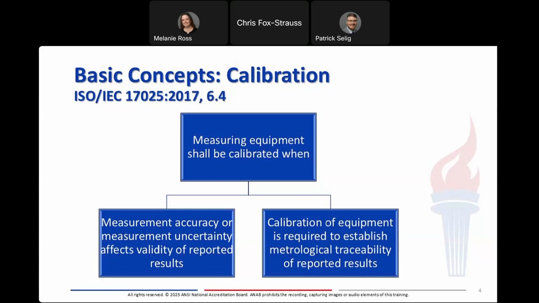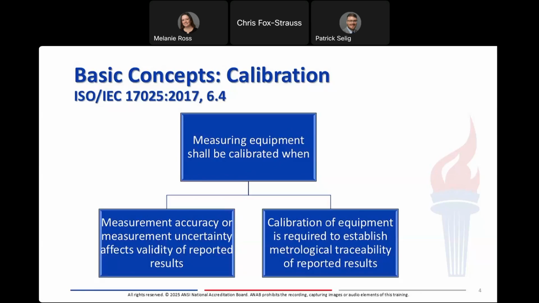Starting with our basic concepts, we need to understand when equipment should be calibrated. The 17025 standard in clause 6.4 states that measuring equipment shall be calibrated when measurement accuracy or measurement uncertainty affects the validity of reported results, and/or the calibration of equipment is required to establish metrological traceability of reported results.